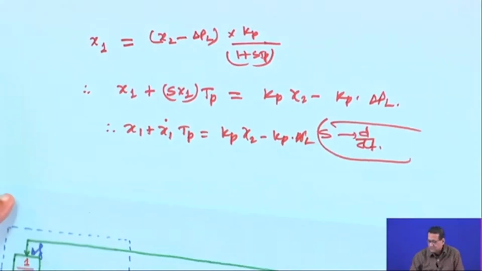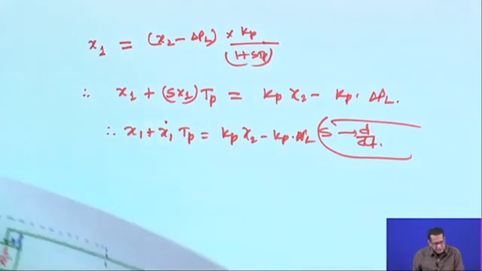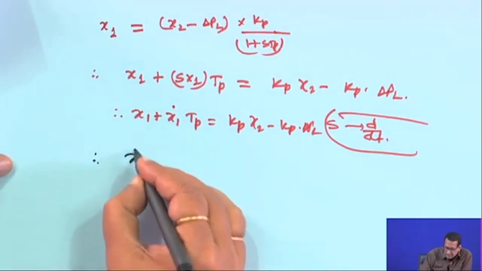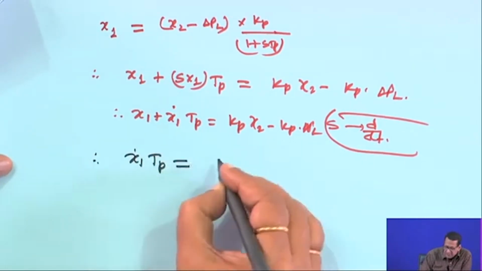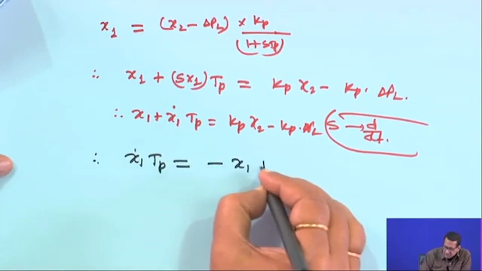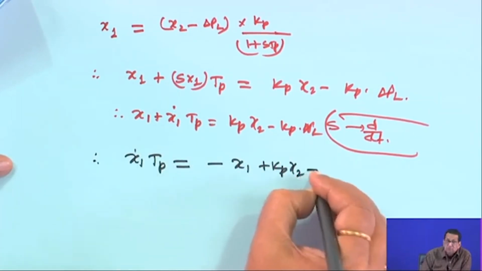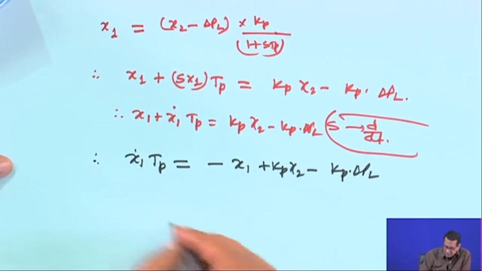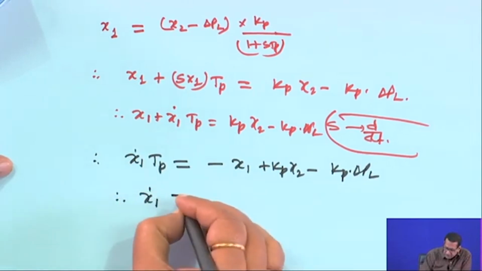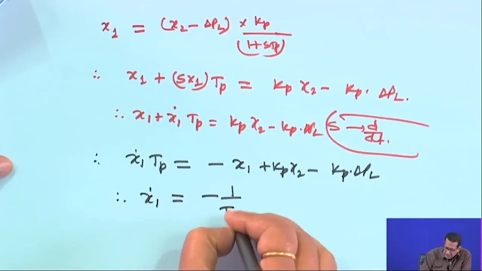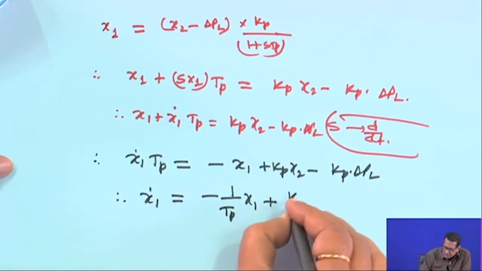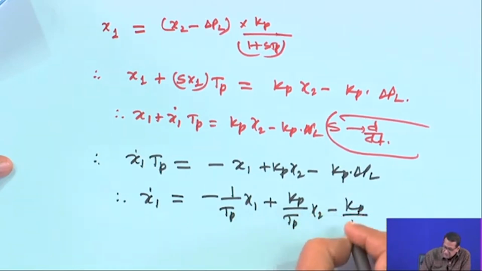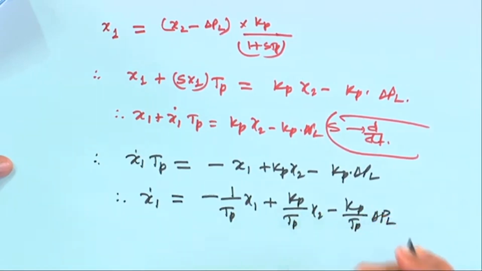Since S is d/dt, S x1 will be x1 dot. That means x1 dot into Tp is equal to minus x1 plus Kp x2 minus Kp into delta PL. Therefore, x1 dot is equal to minus 1 upon Tp x1 plus Kp upon Tp x2 minus Kp upon Tp delta PL.